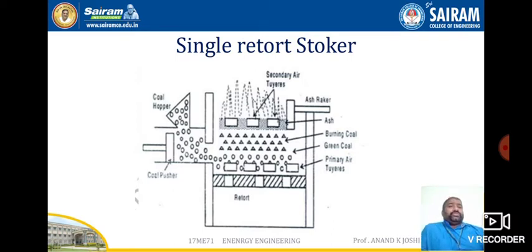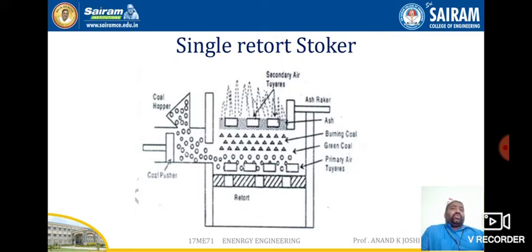Okay, so once the movement takes place with the feeding from the bottom, the burning coal gradually rises up. Above the green coal, an incandescent coke layer is formed, and above which the ash layer is formed. With this continuous feeding of green coal, the ash level rises and is removed by the ash rake.